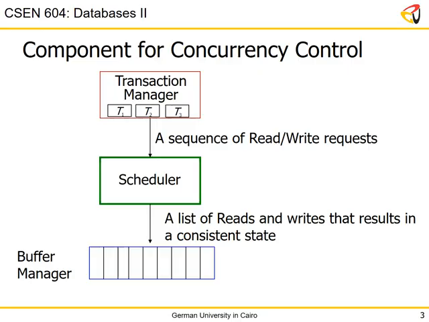And this is important because the reads and writes will overlap from all transactions, but not all overlaps are safe or will result in a consistent state, as we will see. So really the brain of the transaction manager is the scheduler. It's the one that schedules how things should run. I mean by things, the sequence of reads and writes coming from different transactions.